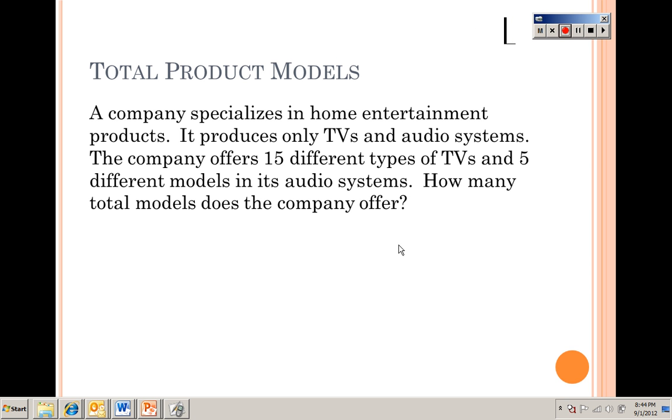If we think about a company specializing in home entertainment products, it may produce only TVs and audio systems. If the company offers 15 different types of TVs and 5 different models in its audio systems, how many total models does the company offer?